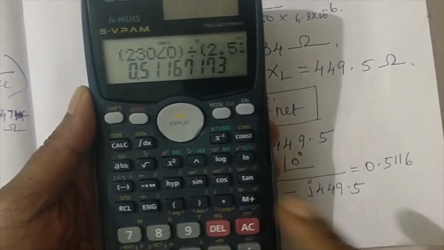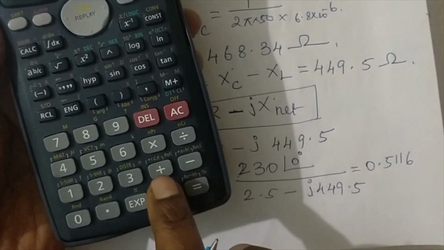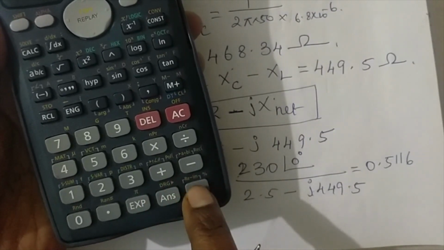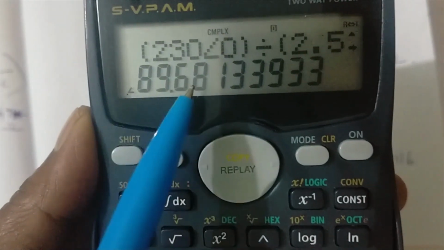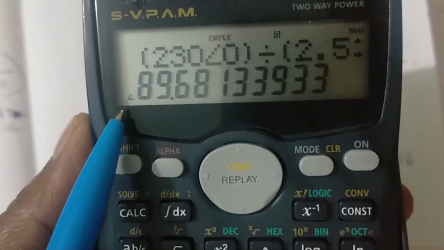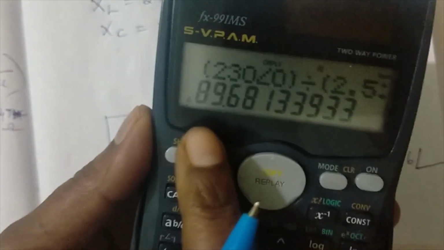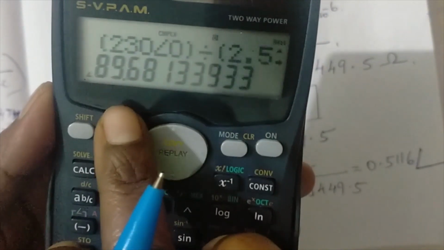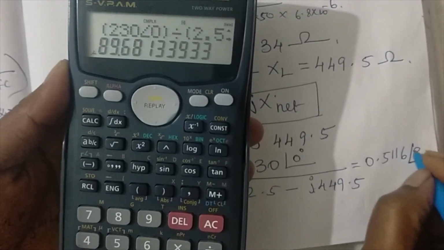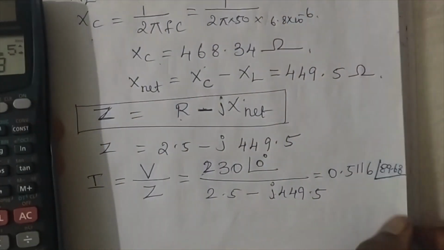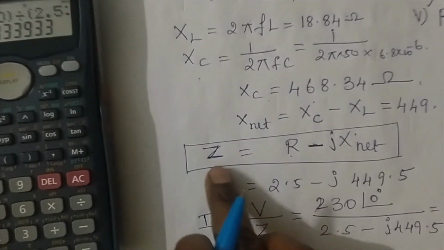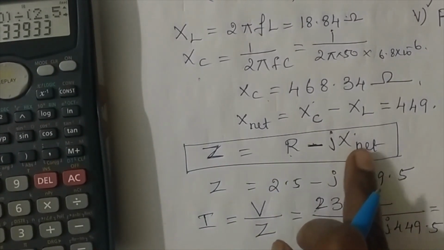To see the angle, again shift, equal to symbol, no need to press polar again. Now near that number an angle symbol is there, so this is the angle of that current. So the angle is 89.68.